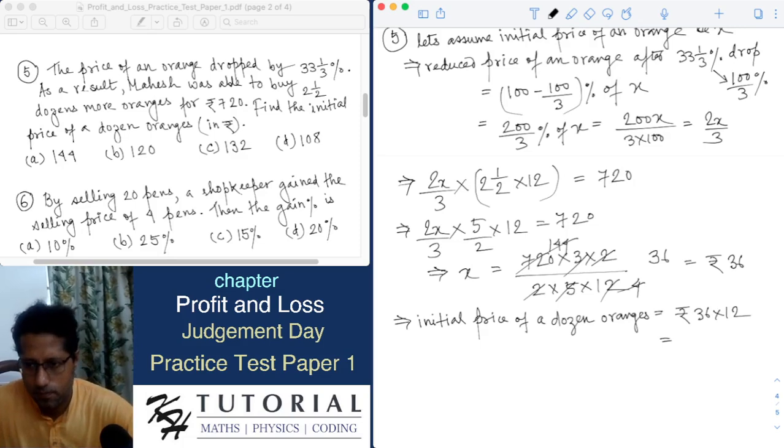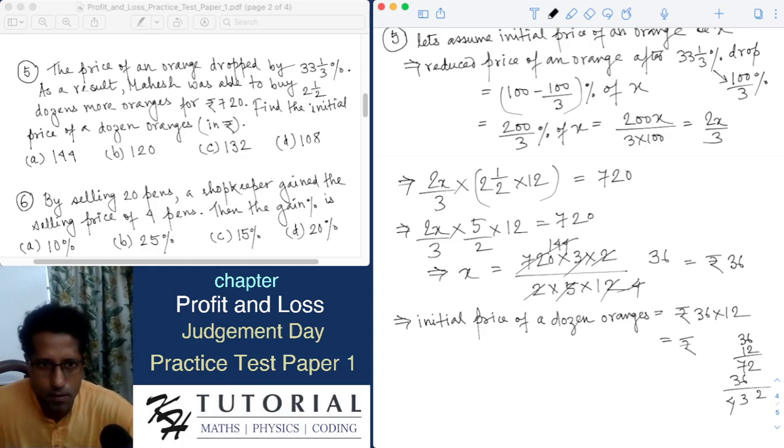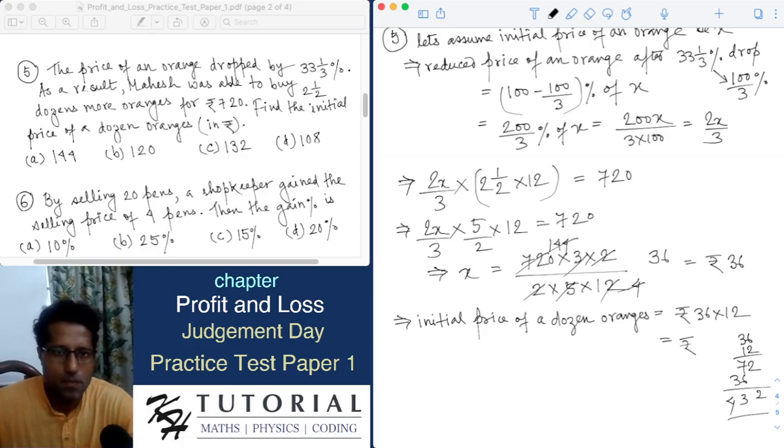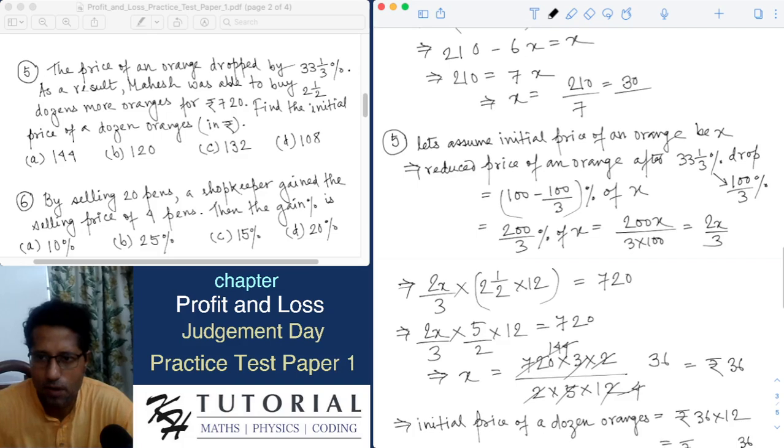This is how much? 36 multiplied by 12 is 432, and it is not in the options. X we assumed to be the initial price of an orange, so find the initial price of a dozen oranges, so 36 into 12. Let's see, we might have done something wrong, a calculation mistake.